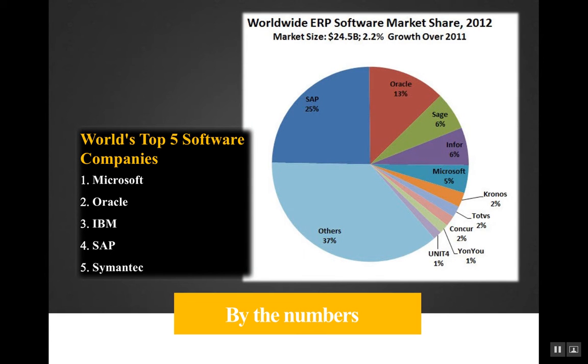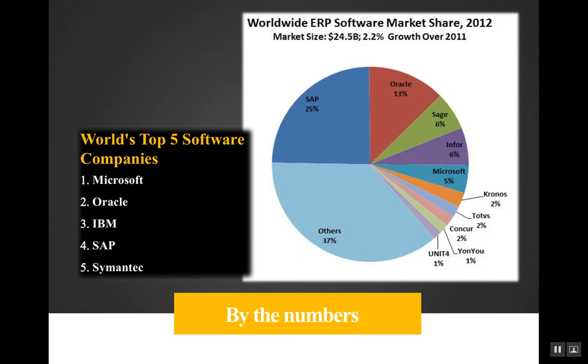Just some numbers, so this is the idea. This is about a couple years back, but it's probably not too far off. The top software companies: obviously Microsoft, which owned a significant percentage of the overall desktop, was the largest.